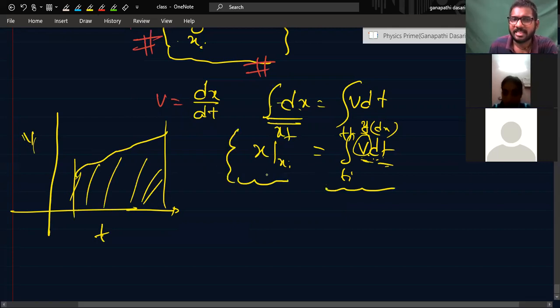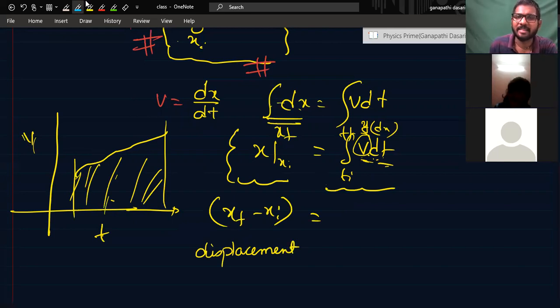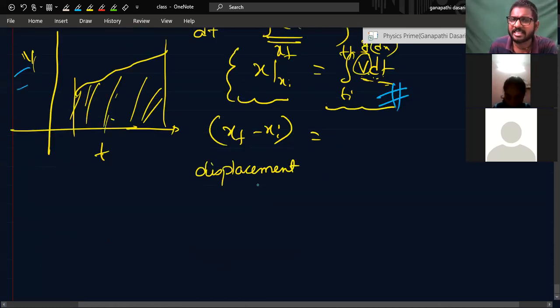What is the left side equation? x final minus x initial, the displacement. If you find out the area under the vt curve, we will be getting displacement. If you know the basic mathematical concept behind this, you will get this answer. Next, displacement and distance have a bit of difference. I'll explain it later on when I'm explaining graphs.